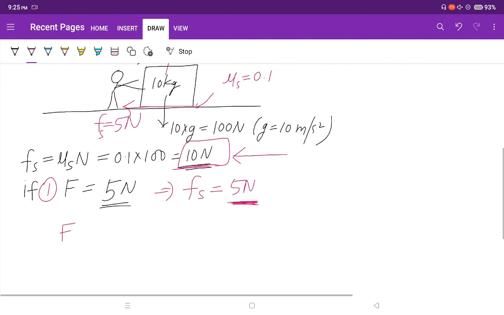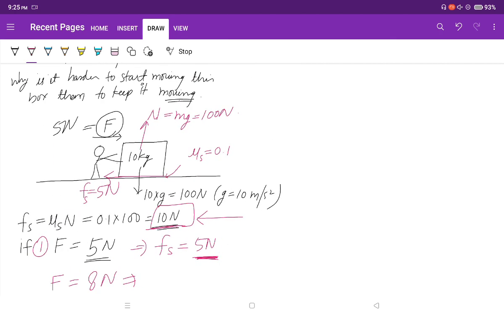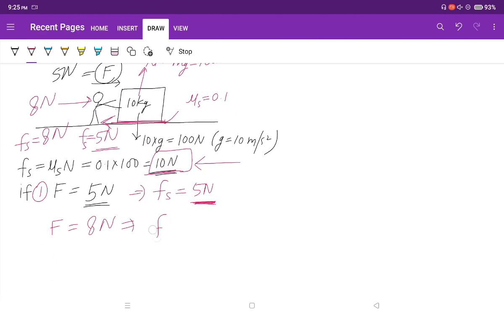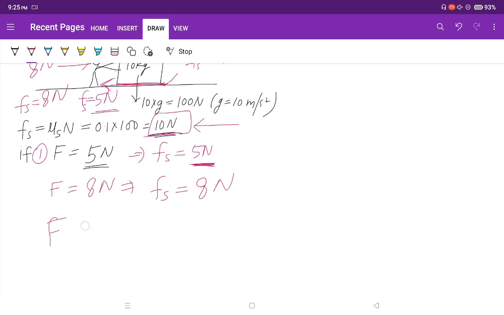Now if F equals 8 newton, the frictional force Fs will now change to 8 newtons. Now if F equals 10 newton, again Fs equals 10 newton.